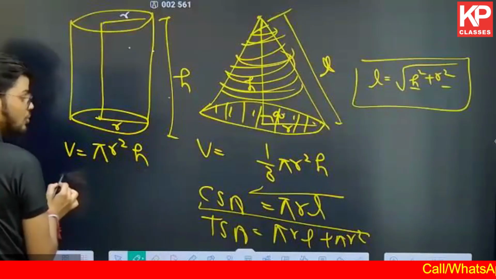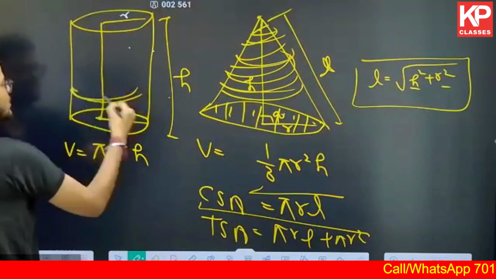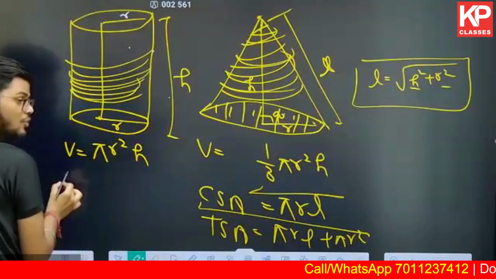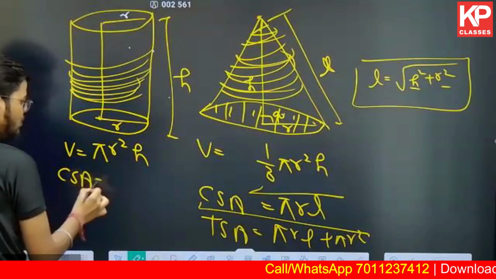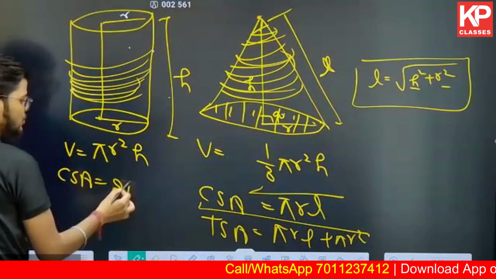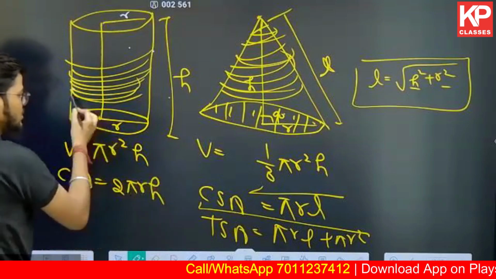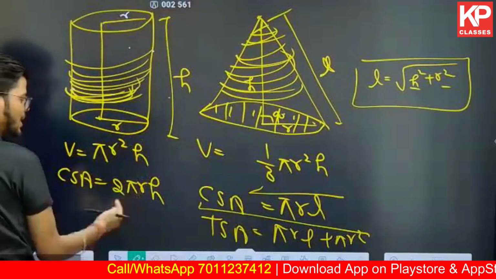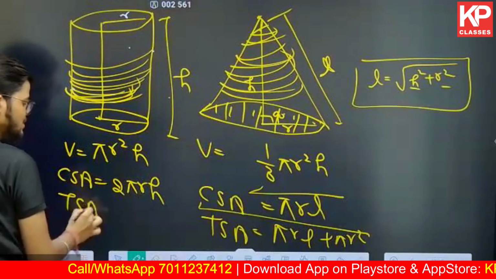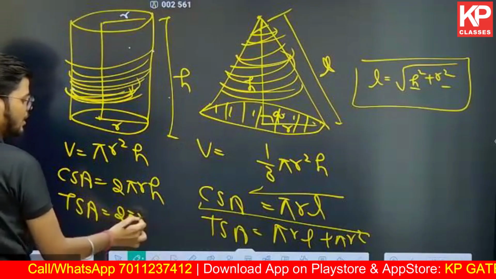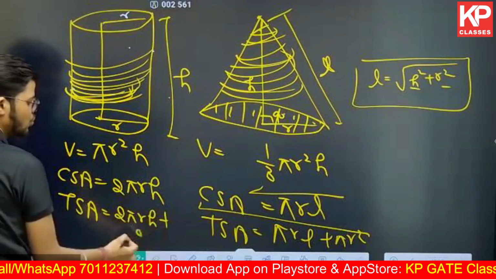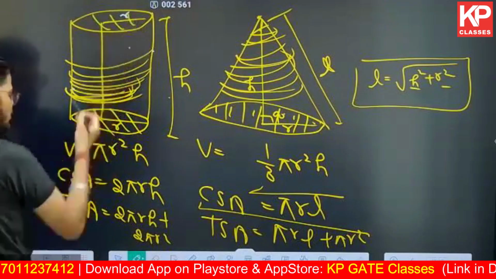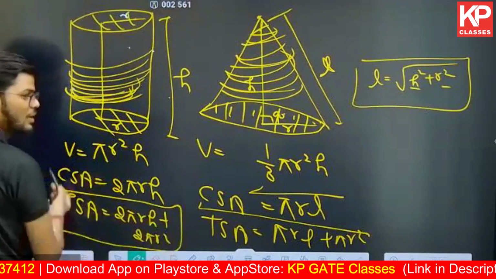The curved surface area is 2 pi r h. This 2 pi r will be counted h times, that is how it will be 2 pi r h. The total surface area will be 2 pi r h plus 2 pi r square. This pi r square plus this pi r square gives the top and bottom.